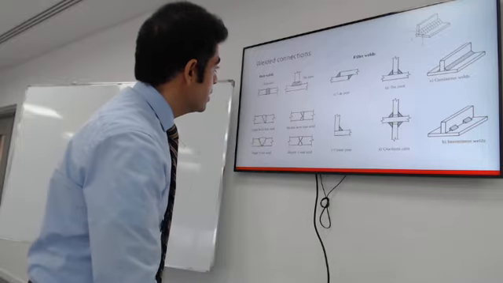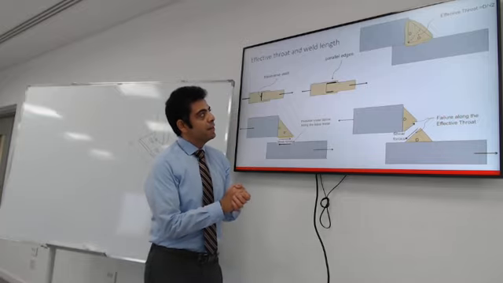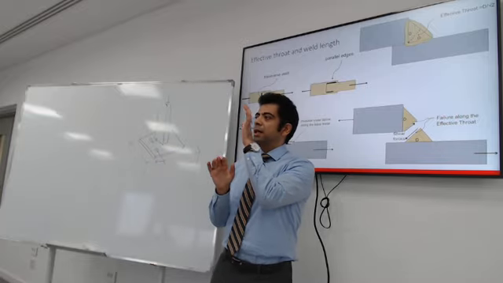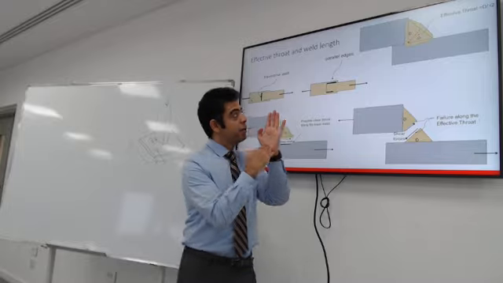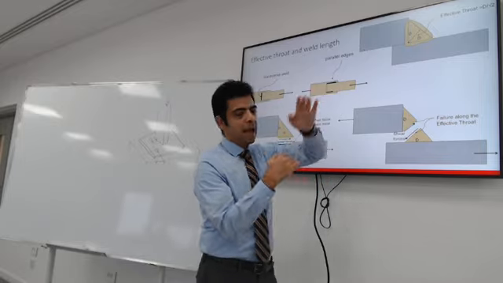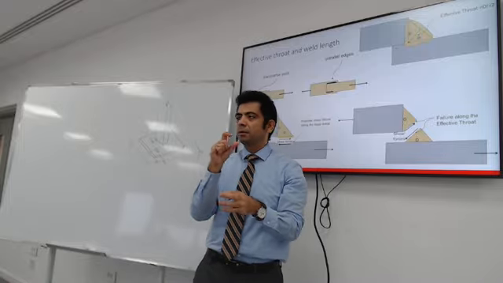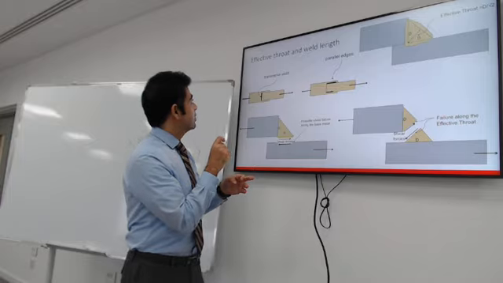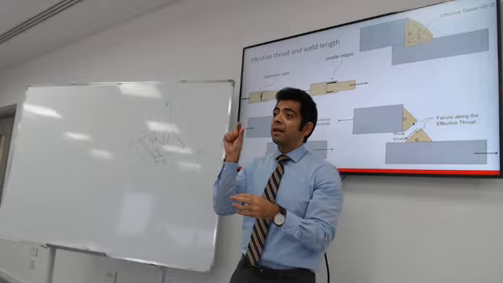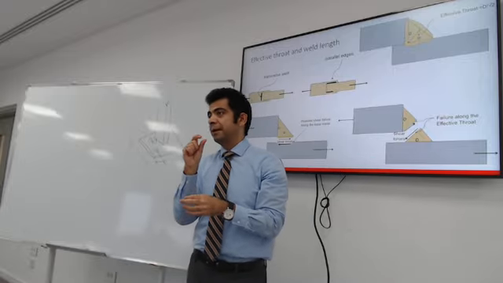There is one thing that is very important to understand. What is the weakest section in the weld? Let's say you have a weld between these two pieces and it's trying to break. What is the size of the weld? Or it's called the throat length, the effective throat of the weld.